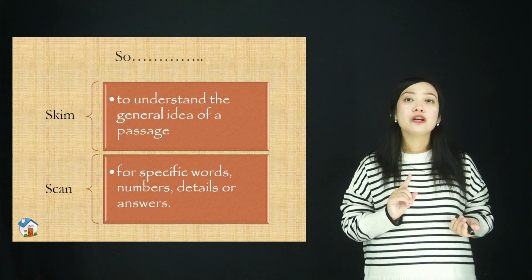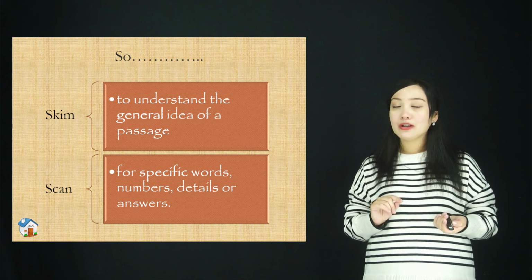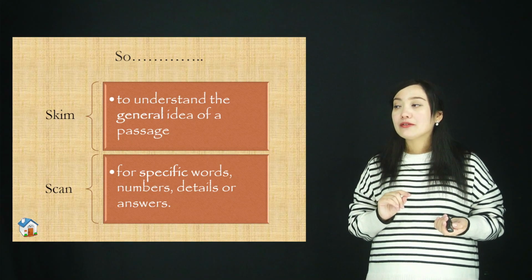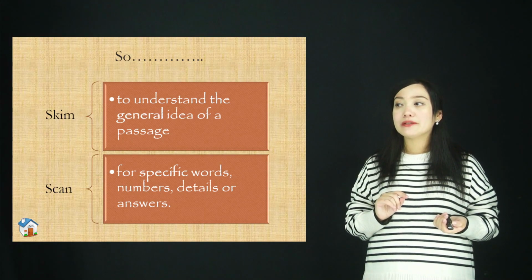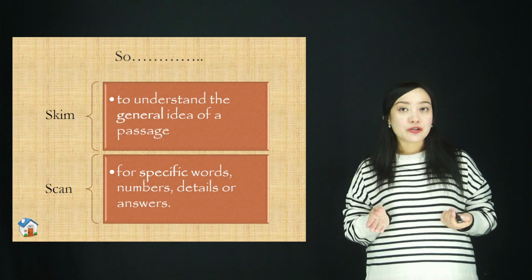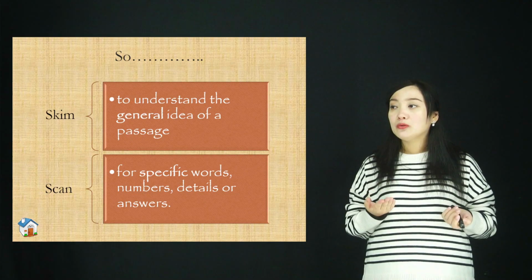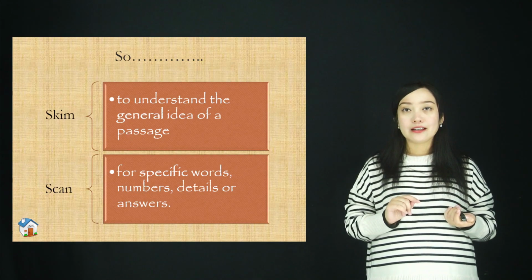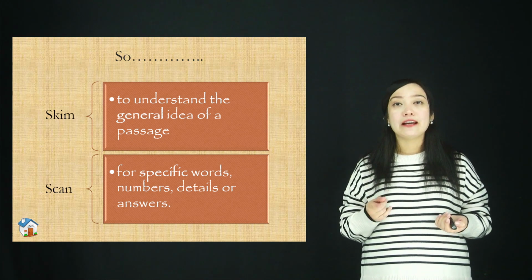First of all, you should do the skimming technique, and the next one, according to the type of question, you can do the scanning. The scanning is also vital for specific words, numbers, details, or answers. If the questions require some numbers, details, or specific words, you should use the scanning technique to find the appropriate answer easily and fast.